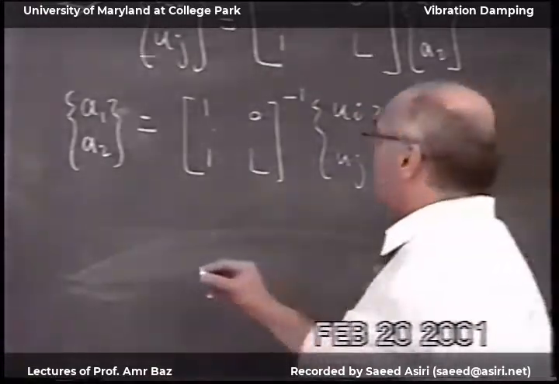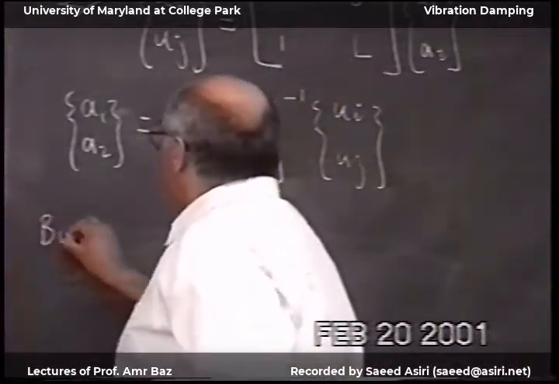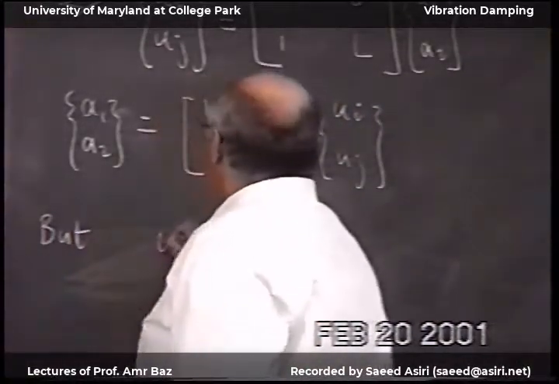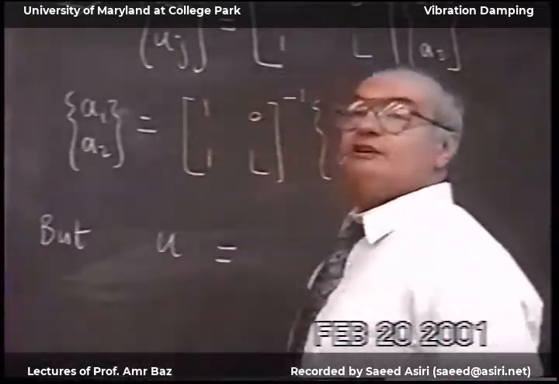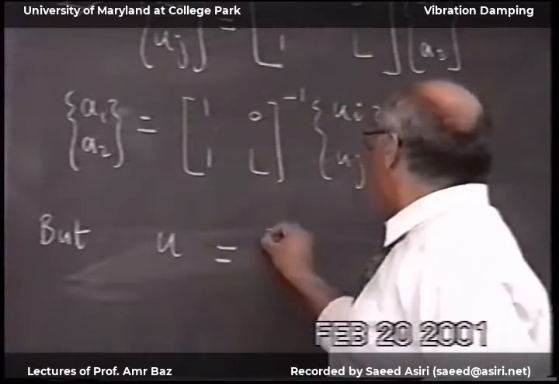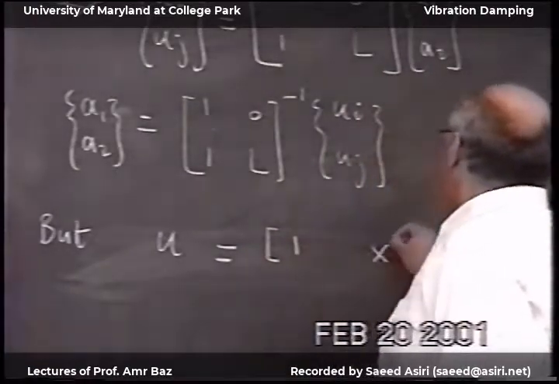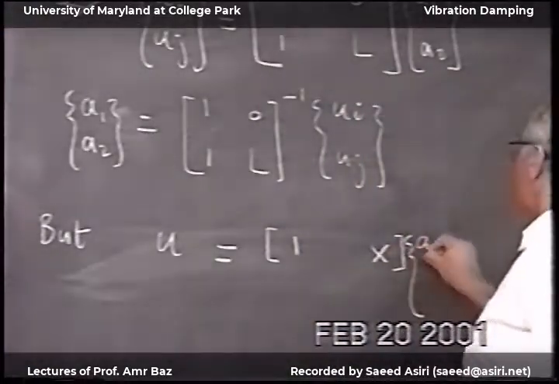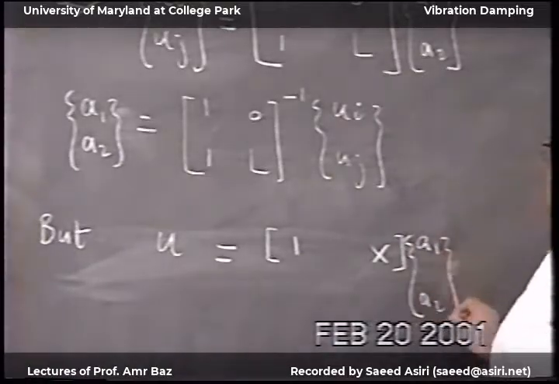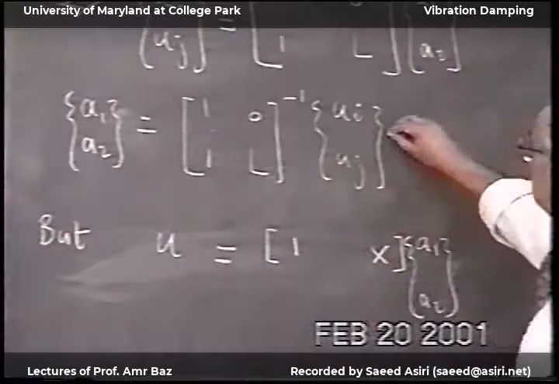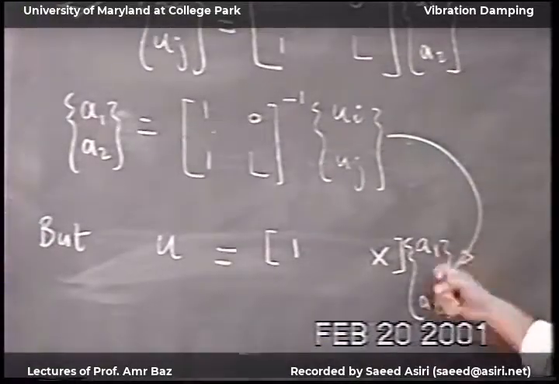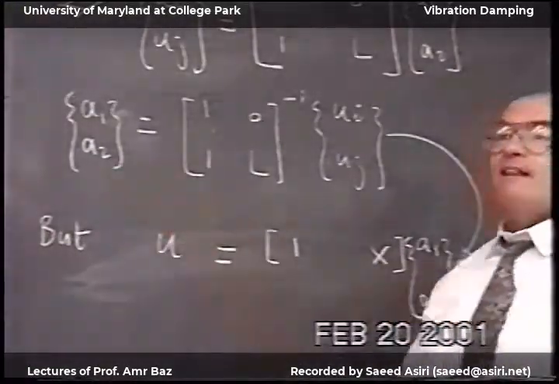So now we can say, but u from the shape function, I can write it in matrix form, 1 and x times a1 and a2. And then now I'll replace a1 and a2 from here.